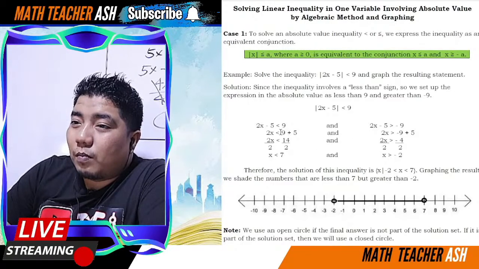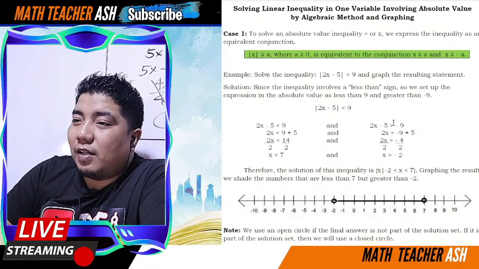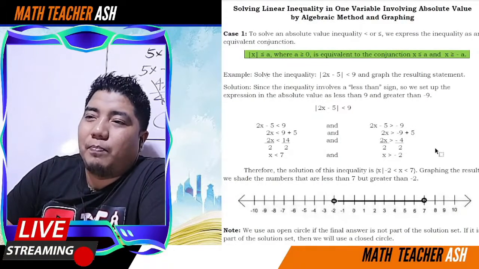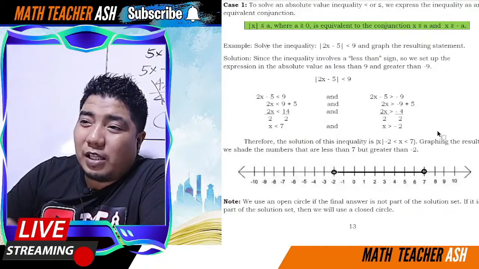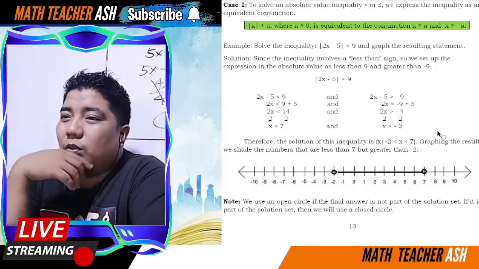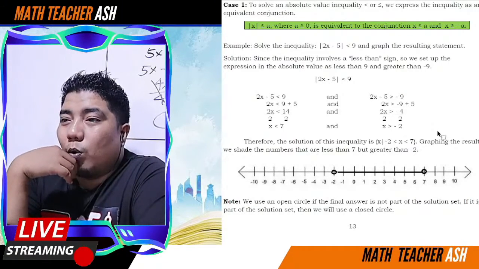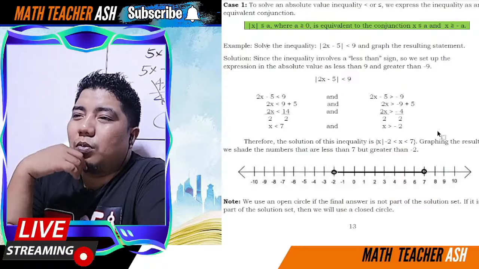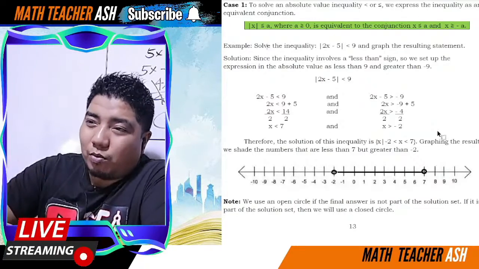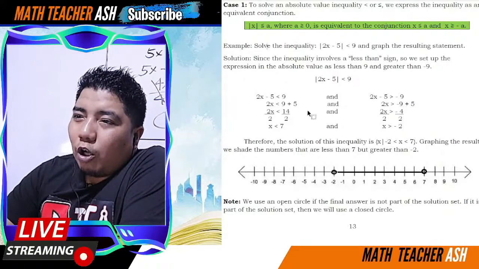So we have here 2x minus 5 is less than 9 and 2x minus 5 is greater than negative 9. So, my dear math learners, ito naman, somehow, ang tinuturo ko sa mga estudyante dito is to apply the point test rule. Okay? So, well, let's try to consider muna this kind of example.